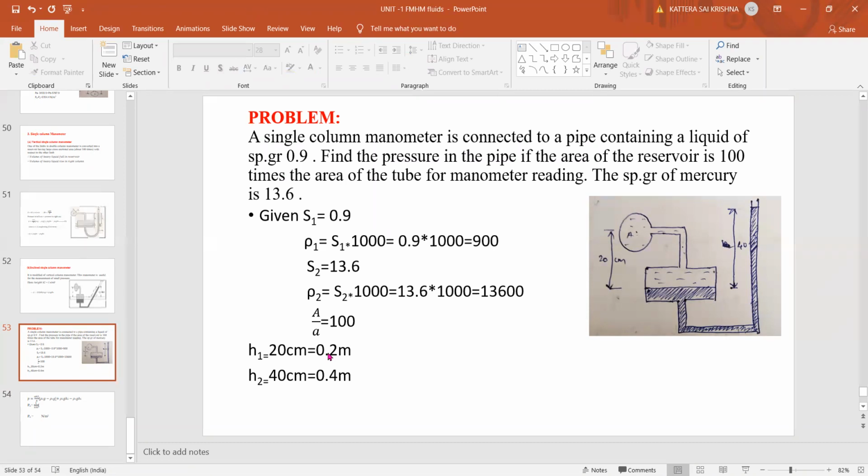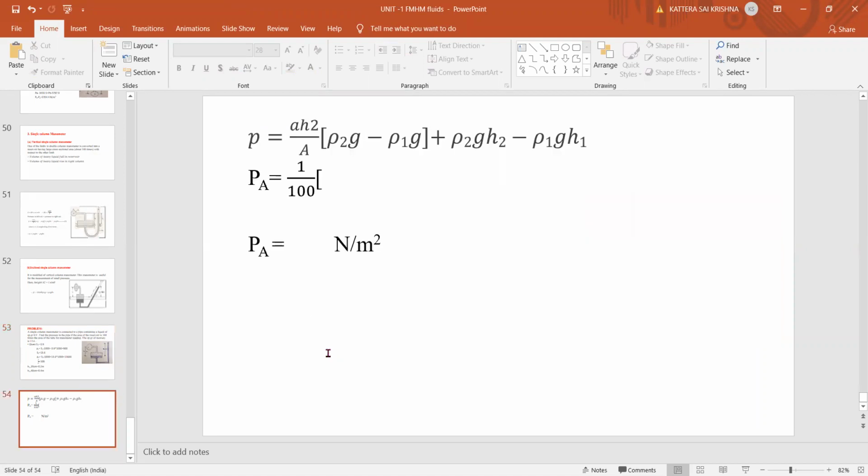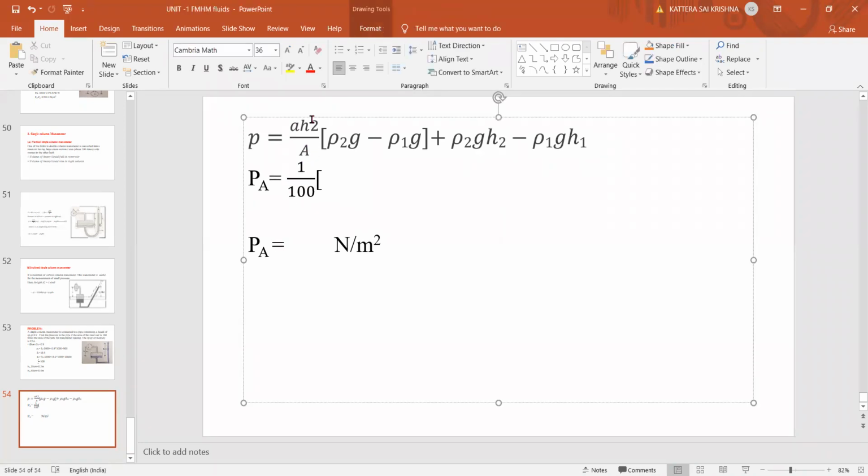Shall I go to the next slide? Yes, sir. So this is what we need: we need to find the pressure at point A. So PA equals, as I have already shown you the formula, a by capital A into H2 into (rho 2 g minus rho 1 g), plus rho 2 g H2 minus rho 1 g H1. Here we need small a by capital A, so 1 by 100 into H2.